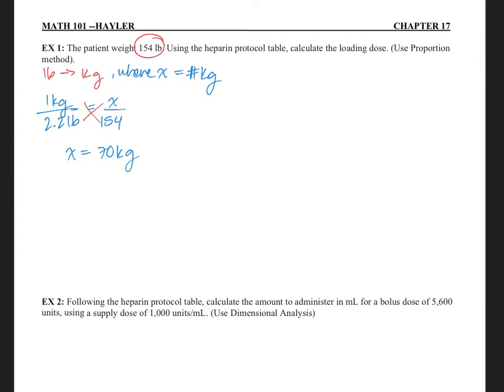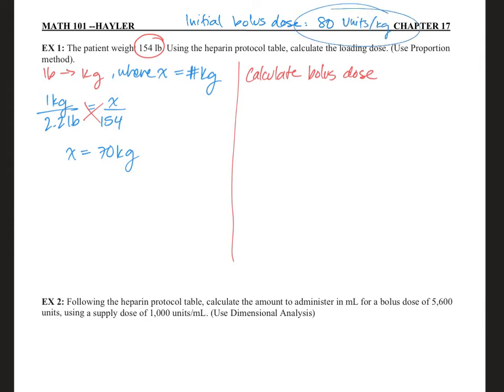So the next step is to calculate the bolus dose. Let's set up the proportion. We know, according to our chart above, that the initial bolus dose was 80 units per kilogram.